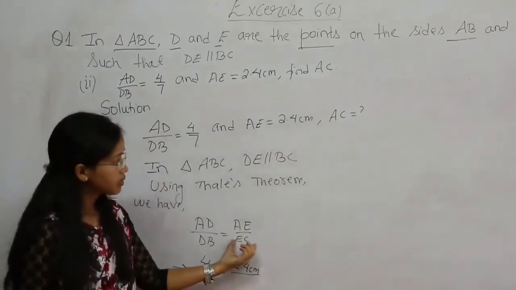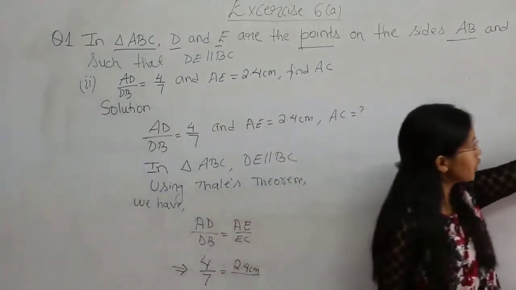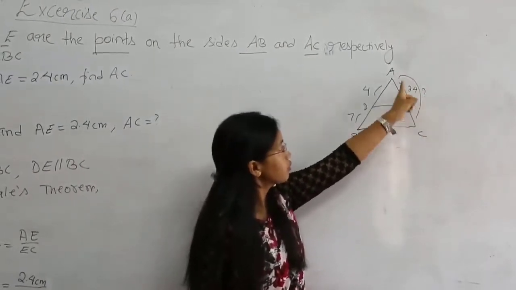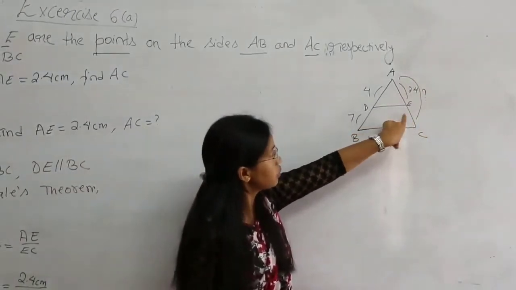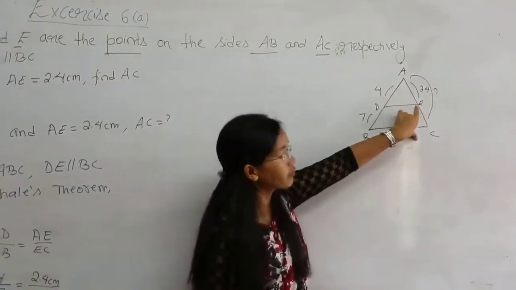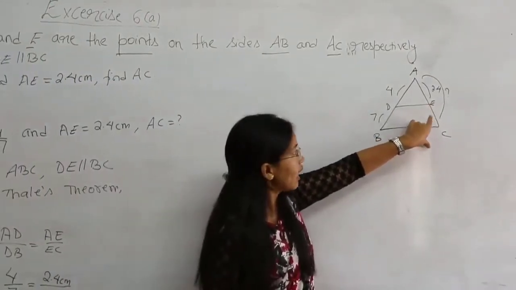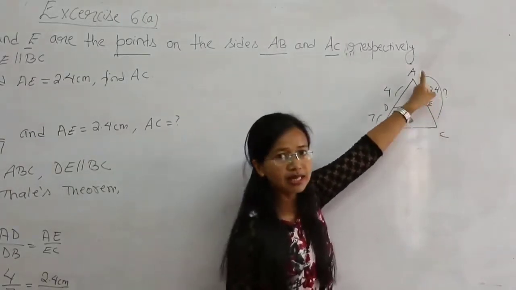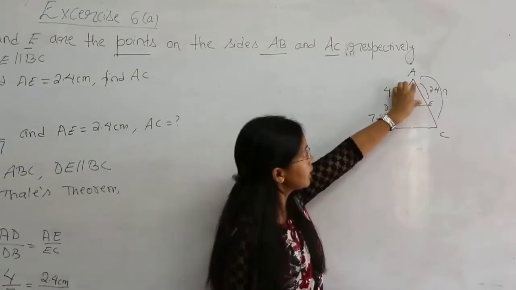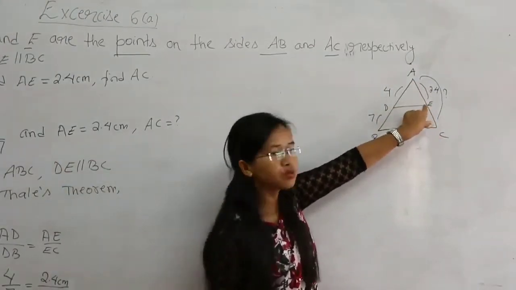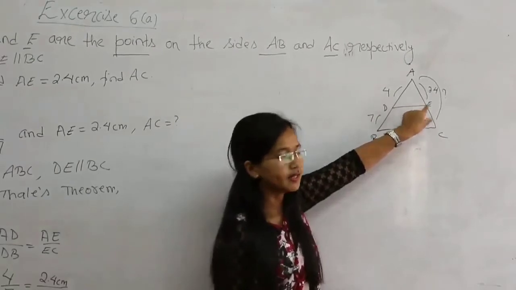Right? See here, this is your EC. Here, you need to find AC. But to find AC, it is not possible without knowing EC. So first we will find the length EC. Then after we have got EC, we will get AC. Because AC is equal to AE plus EC. Right? So now let us first find the value of EC.